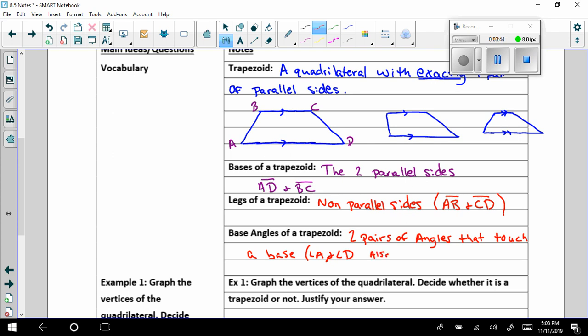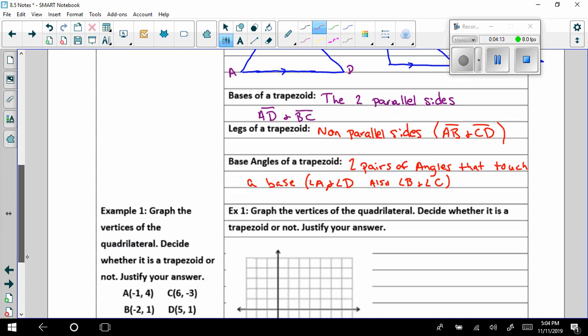Also, angle B and angle C would be base angles on the other base. Okay. So we'll talk about special relationships between the base angles. Keep in mind, A and D are along the same base, so they'll go together. B and C will also go together, okay, when we get to that.